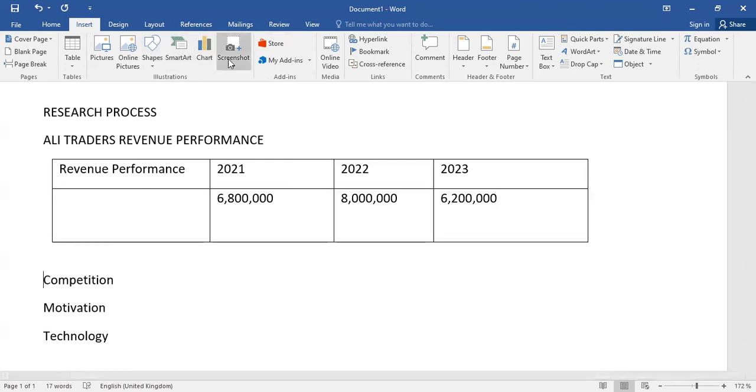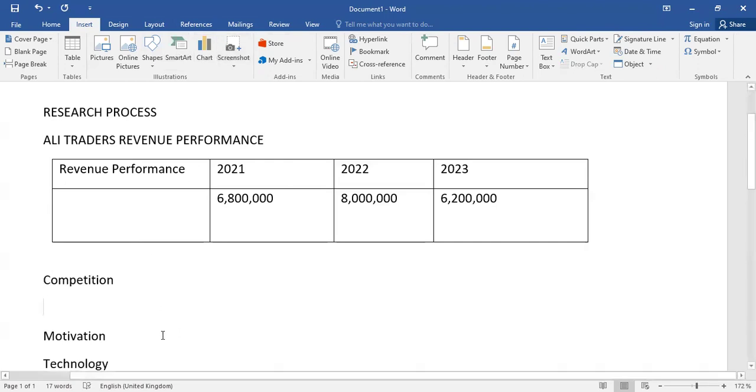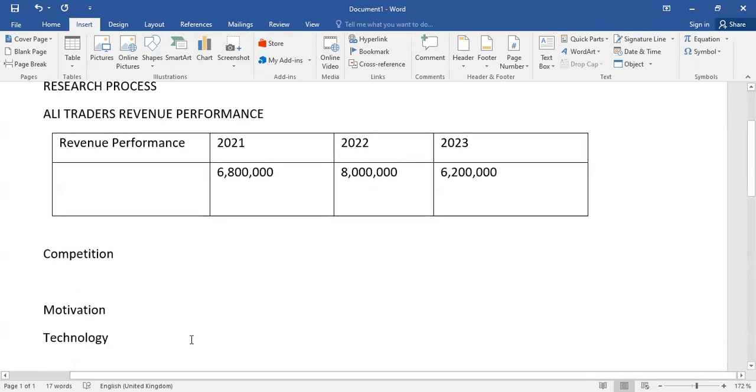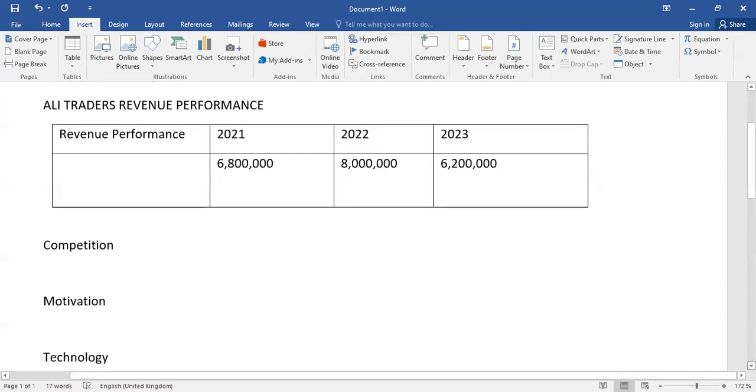So we have competition, motivation, and technology. This becomes our independent variable because they are the ones affecting the DV. And then we have revenue performance on the other side, which is the factor being affected.